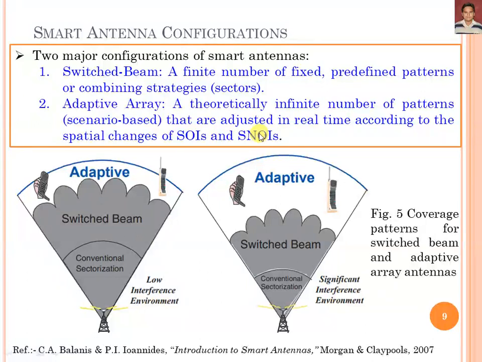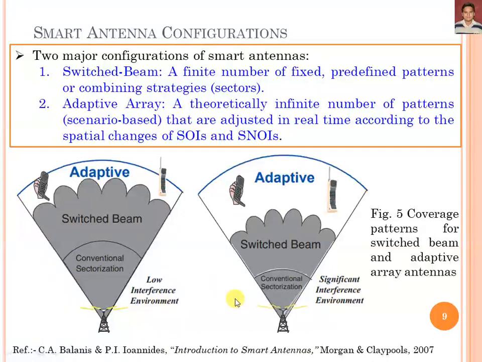So the important thing here is that in the adaptive approach, there is no need for predefined patterns, and we can adjust the radiation pattern, or we can say the main lobe, in real time as per the requirement of the user.